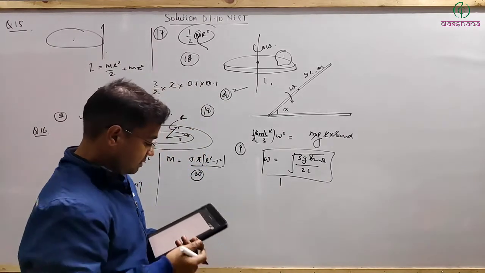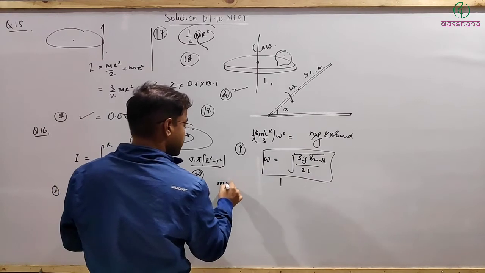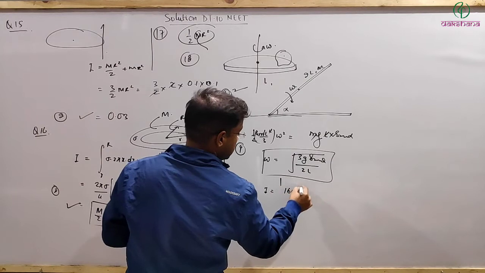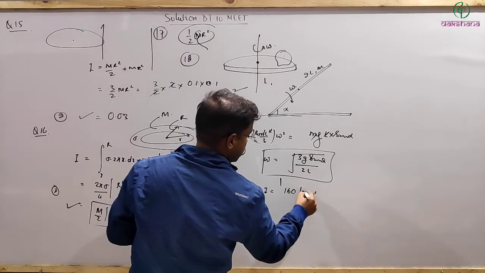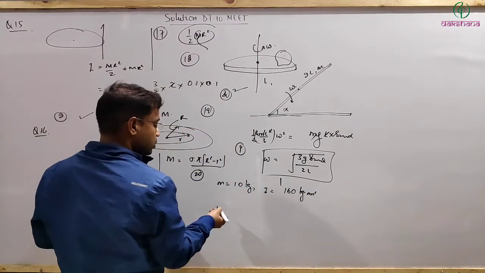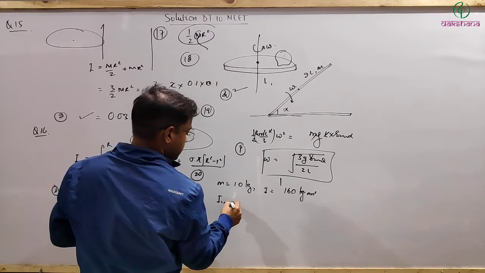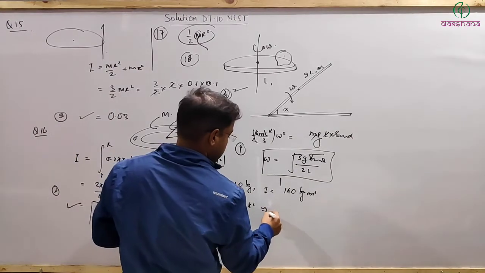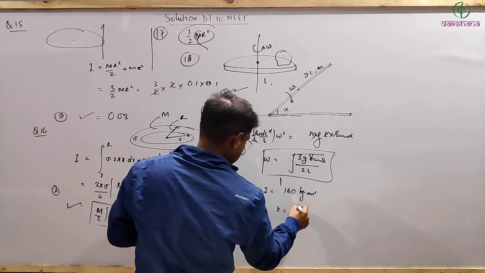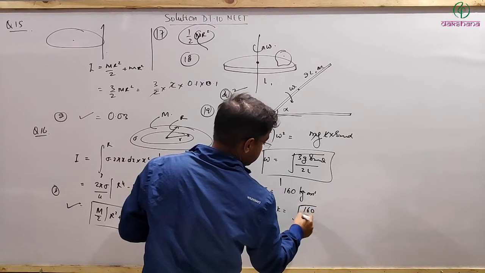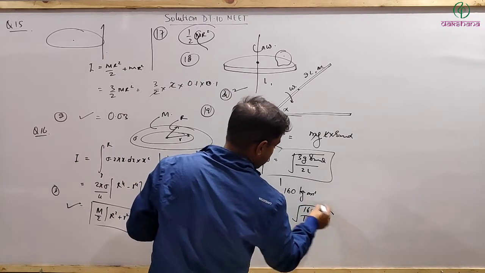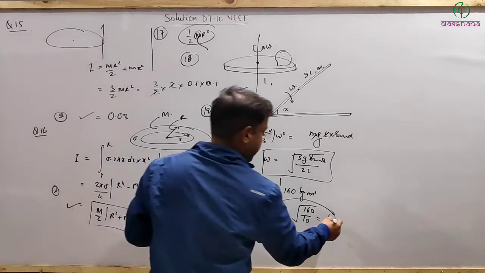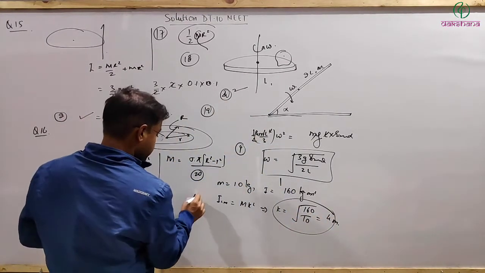Radius of gyration will be, सो यहाँ पे मास दे रखा है 10 kg, I about central it's 160 kg meter square. तो यहाँ पे अपन को पता है I CM is equal to m into k square, where k is the radius of gyration, so this implies k is equal to root over I 160 divided by mass 10, that is equal to 4. So k is coming out to be 4 meter, matching with option number 4.